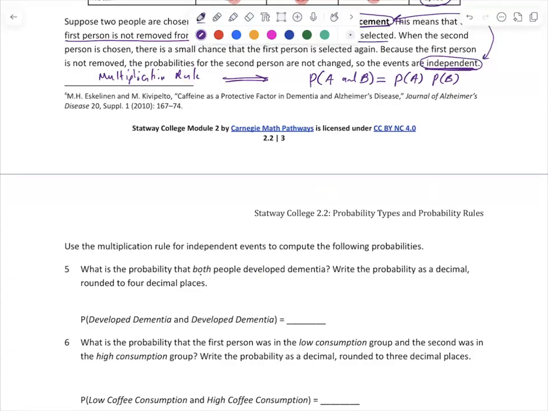You're randomly selecting two people and you want to know what is the probability that both people develop dementia. We are finding the probability of the first person developing dementia and the second person developing dementia. Remember that by the multiplication rule, we have the probability of A and B to be the probability of A times the probability of B. So we are finding the probability of the first person developing dementia multiplied by the probability of the second person developing dementia.